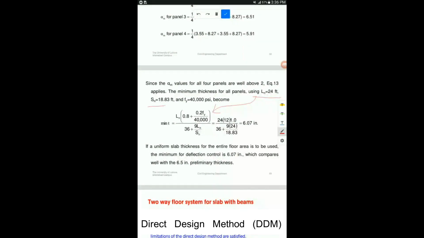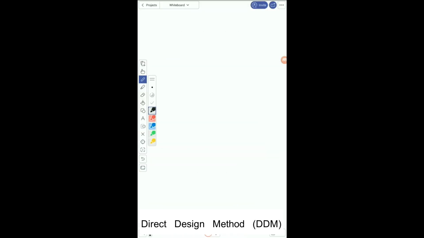Ln stands for the longer clear span and Sn stands for the shorter clear span for the slab. For our problem we have a panel of 25 cross 20. I'm just going to draw it now. 25, and it's 20 here, 20 here again, 25 again, 20 here. These are the 4 panels we have considered.